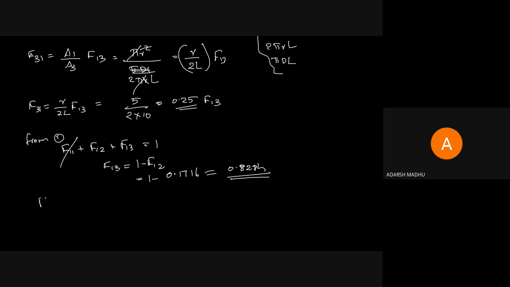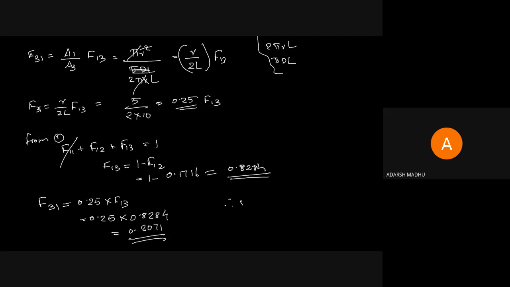So directly we will get the value of F31. F31 equal to 0.25 into F13 equal to 0.25 into 0.8284 equal to 0.2071. Okay.